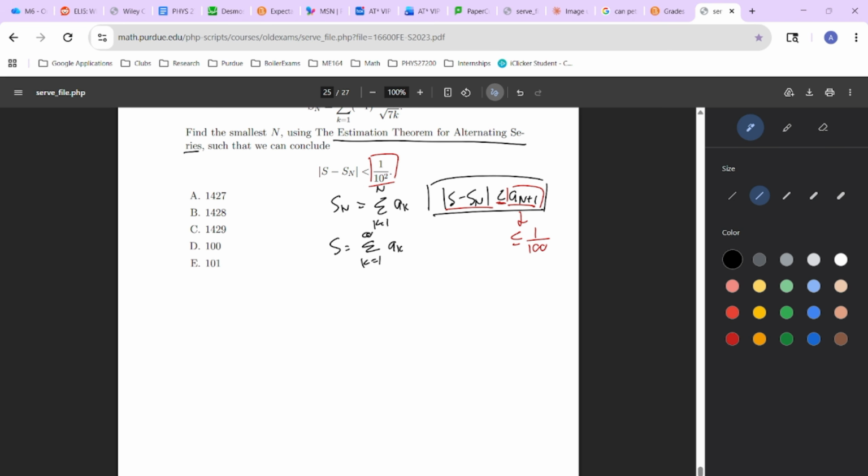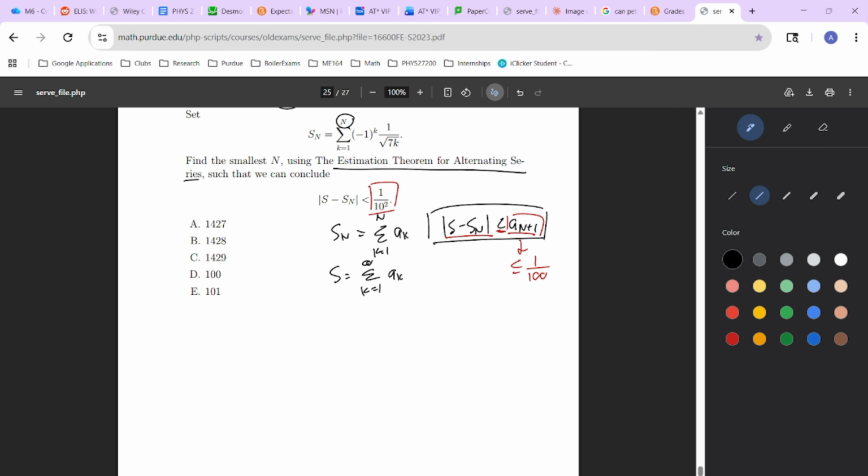So the way that we would do this is we would find the a sub n plus 1 term. That would be negative 1 to the n plus 1, multiplied by 1 over the square root of 7 times (n plus 1). That, as we have recognized, must be less than or equal to our desired error, which is 1 over 10 squared, or 1/100th.